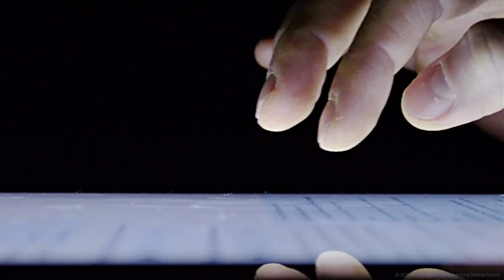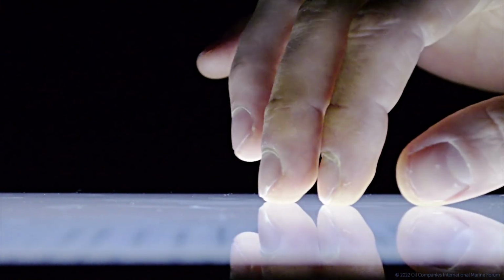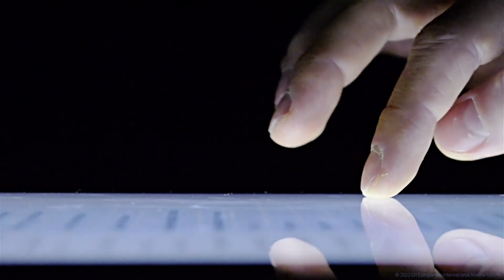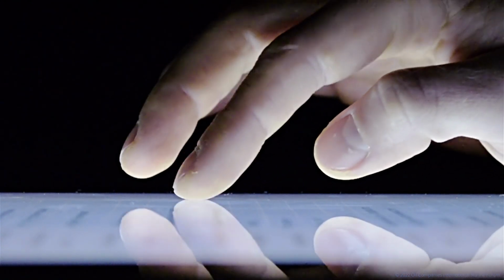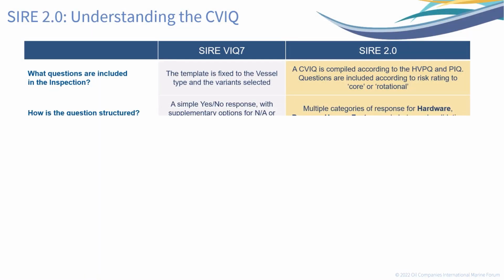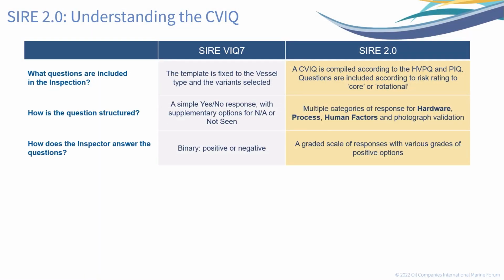All question sets are compiled based on the data provided by operators in the Harmonized VPQ, HVPQ, and the Pre-Inspection Questionnaire, PIQ. This removes the need for the not applicable, NA, and the not seen, NS responses in a report. Structure of the questions answer options.